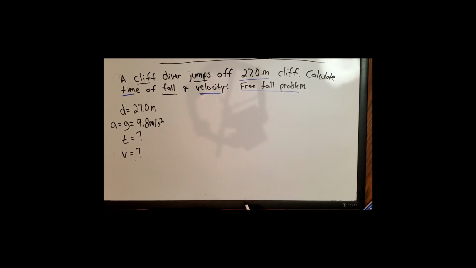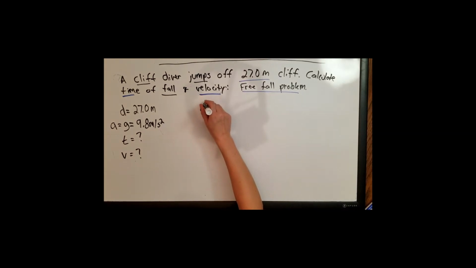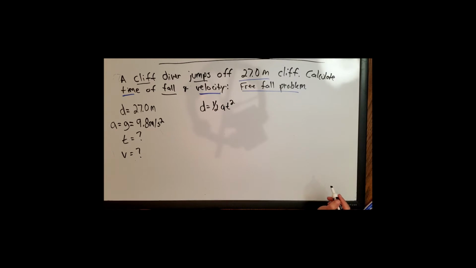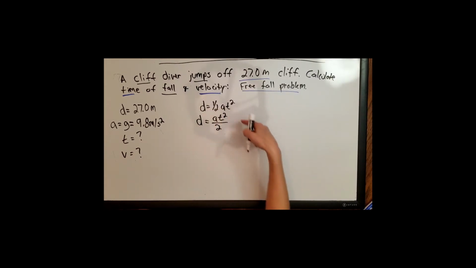I go through all of the equations, and the only one that's going to work with the information given to me is this one, because I have distance, I have acceleration, it's gravity, and I need time. So we're going to have to rearrange this to solve for time. I mentioned in class that this is the same equation as the top one, but this one is a little bit easier to see how I rearrange it.